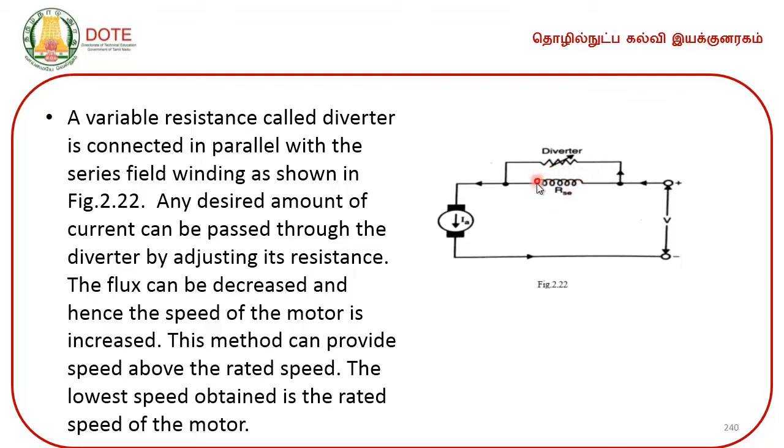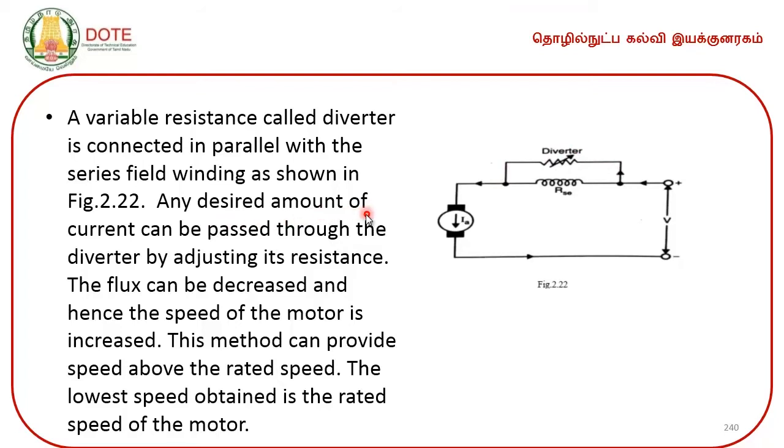Once the current passing through this field is reduced, magnetic flux will reduce. Once the magnetic flux is reduced, ultimately the speed of rotation will be increased. So, this is the idea of incorporating a diverter in parallel to the series winding.